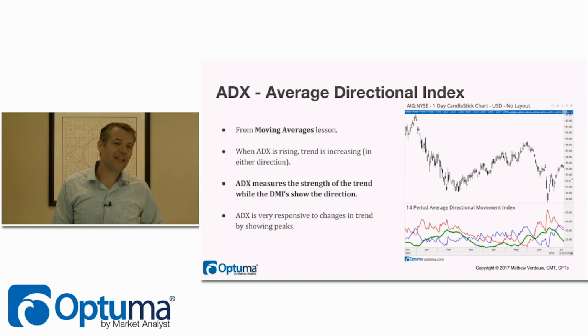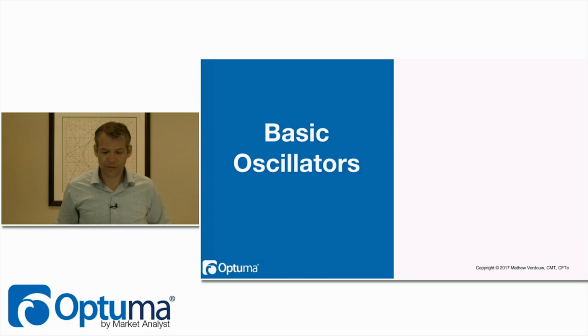ADX, the green line in the ADX just tells us the strength of the trend, whether that trend is up or whether that trend is down. So it's not giving the same sort of information there. But it's very responsive to changes in trend. And remember, our primary goal as technical analysts is to identify changes of trend and then be able to trade with them. And that is it for basic oscillators.